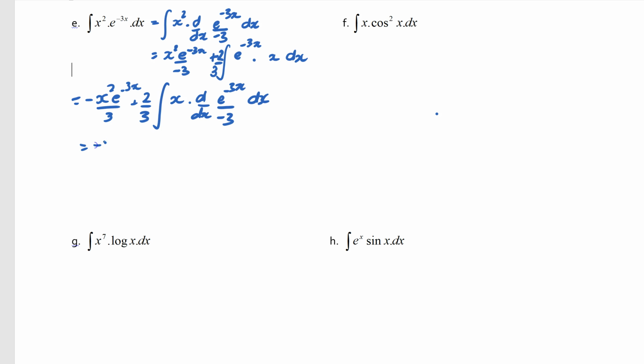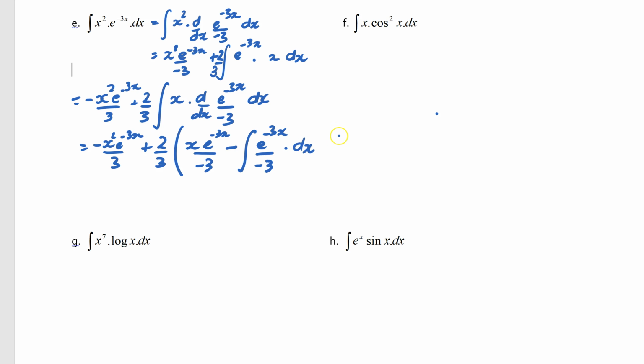So that will give me minus x squared e to the minus 3x on 3 plus 2/3 of uv, so that's x times e to the minus 3x on minus 3 minus the integral of e to the minus 3x on minus 3 times the differential of x, which is of course 1 dx.